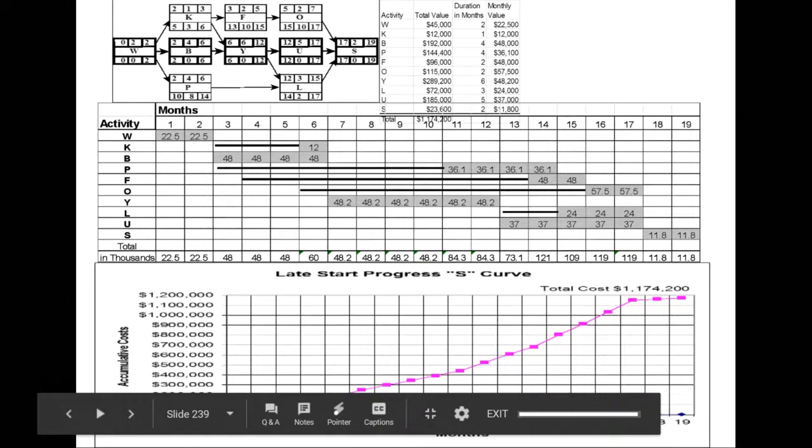This is based on the late start bar chart. So here you can see that as it's a late start bar chart, we are using all the float up front, and the work is taking place right at the end of each activity.